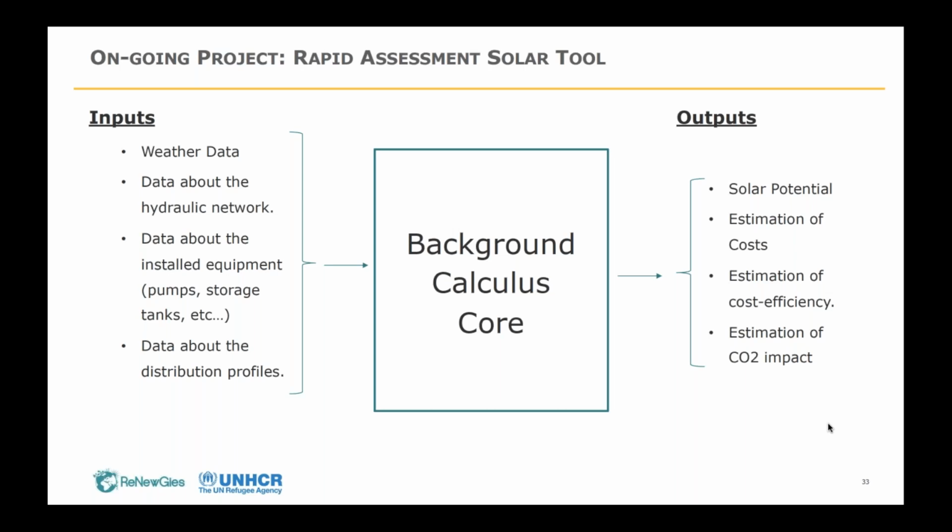So our background calculus core will be able to give the solar potential, the amount of water that is produced via solar power with respect to the amount produced by the camp, an estimation of the cost and the cost efficiency, in order to have a better view of the resources needed and where best to direct the UNHCR resources.